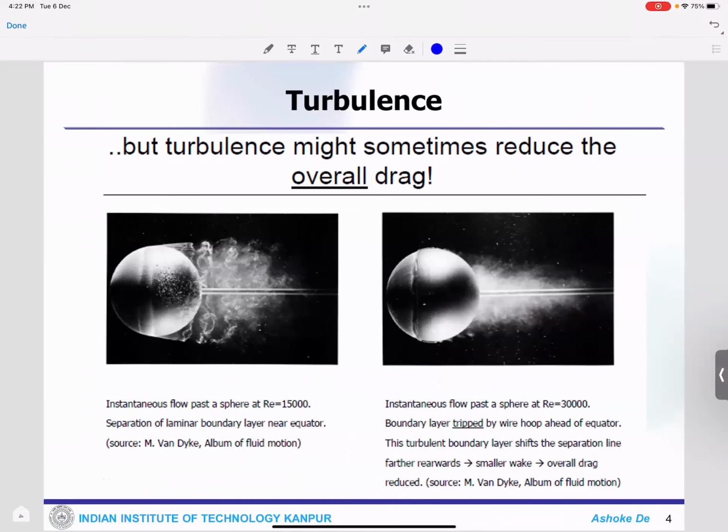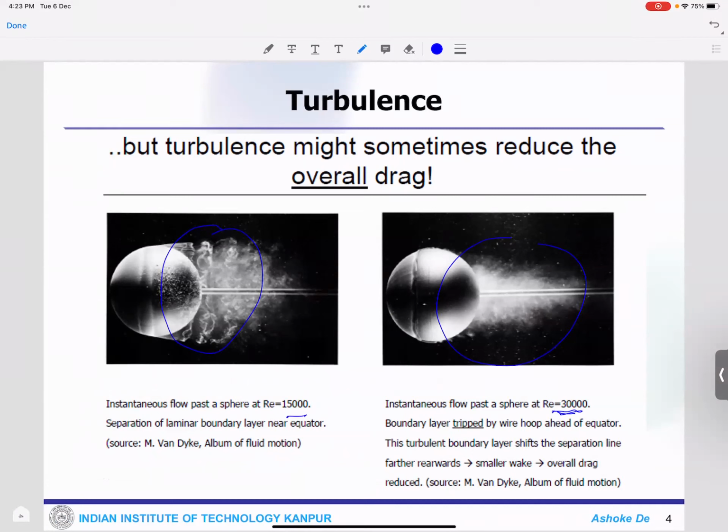Here you see the wake pattern at a very high Reynolds number, some 30,000, and this was half of that.